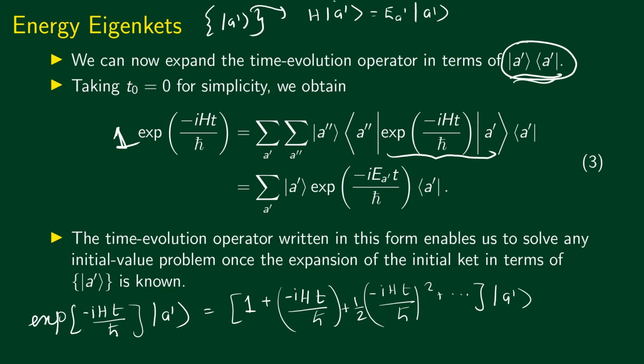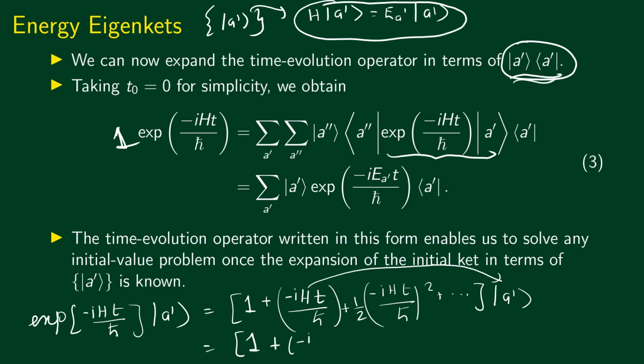Now we can use the fact that ket a prime obeys this eigenvalue equation. Time is just a parameter. So H acting on ket a prime can be written as E a prime ket a prime. The identity operator does not change. Here we have minus i E a prime t divided by h bar multiplied by ket a prime.